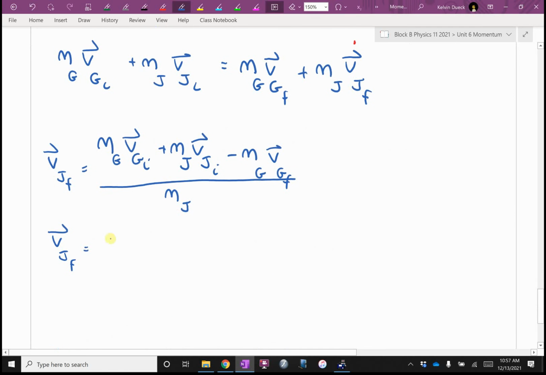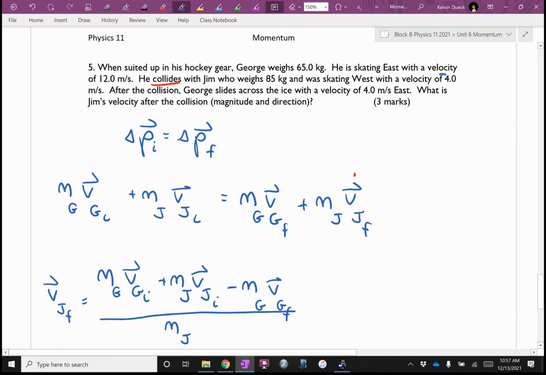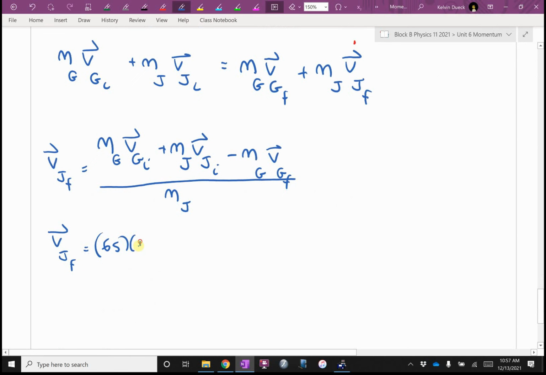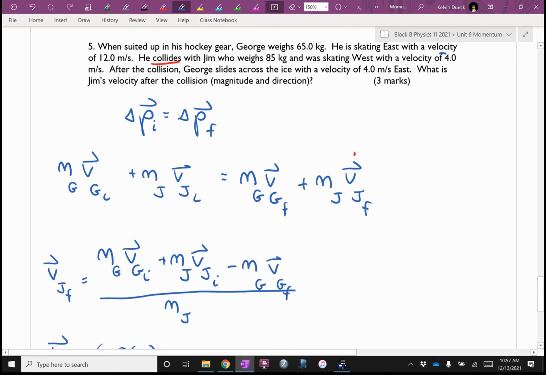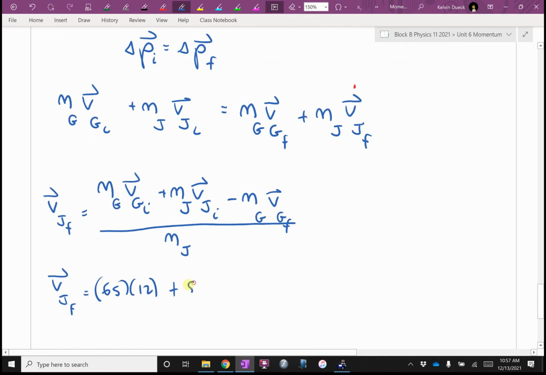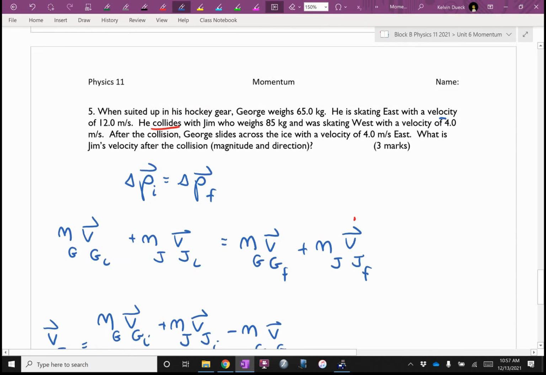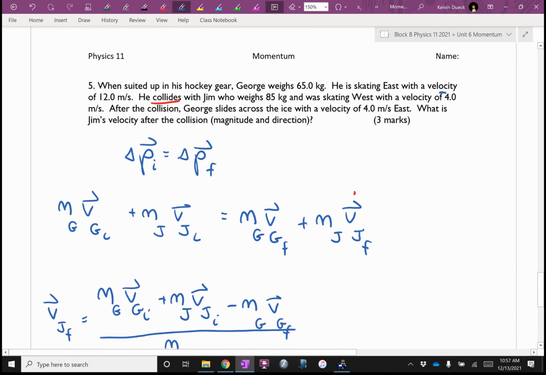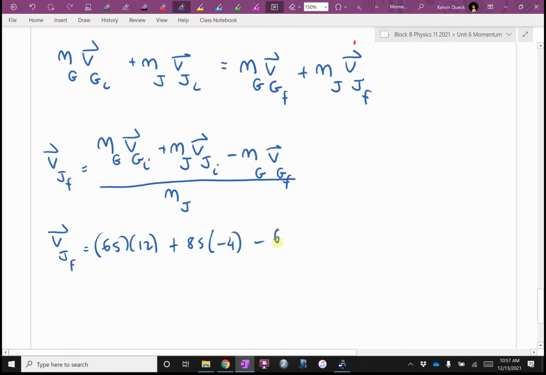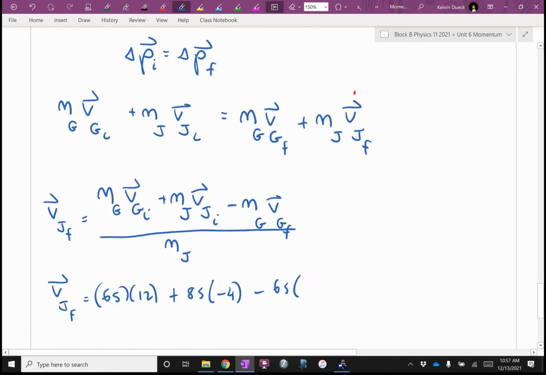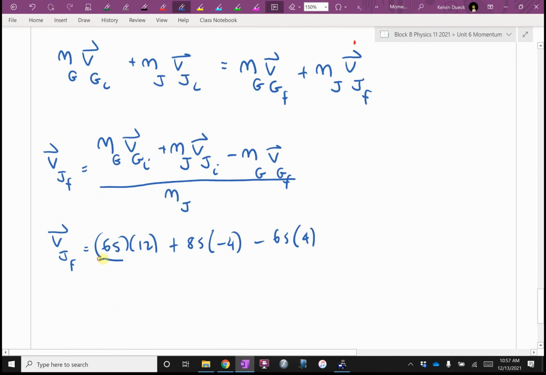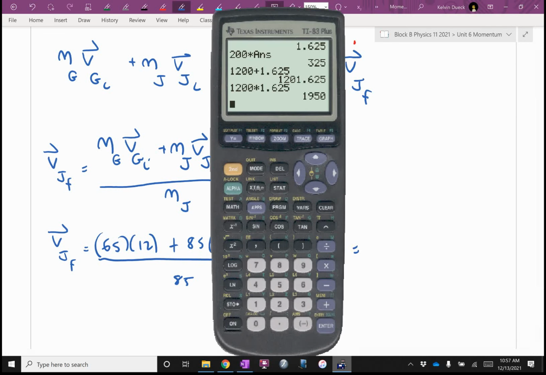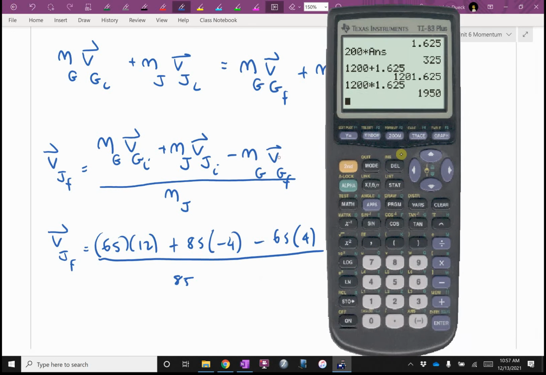George, 65, east, 12, plus Jim, 85, west, -4, minus George, 65, 4 east, all over 85. Definitely brackets around the top.